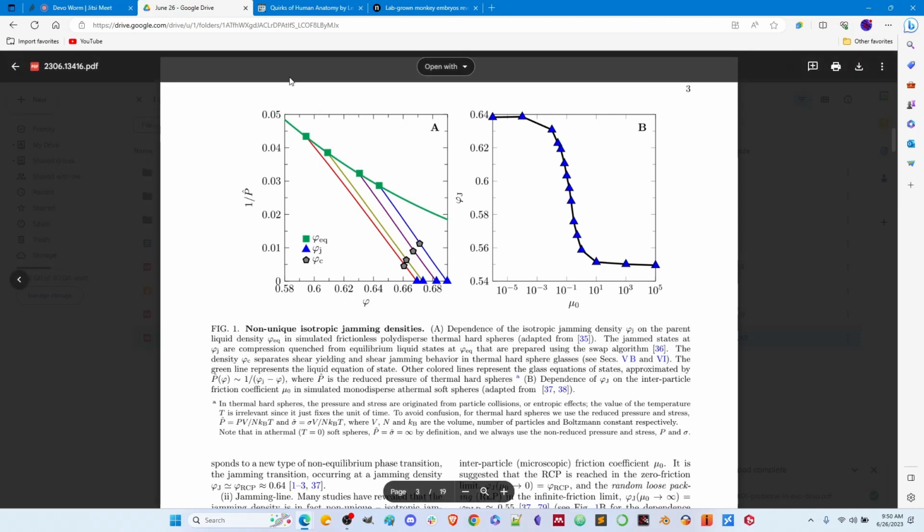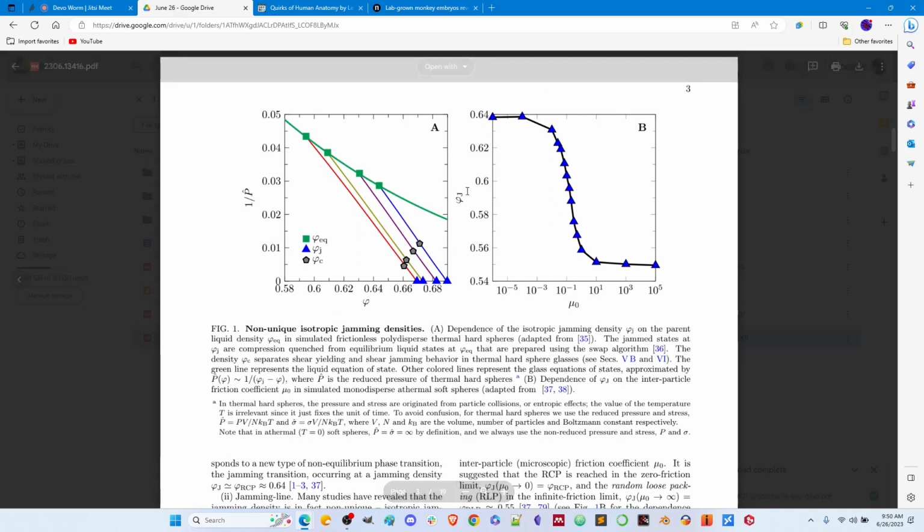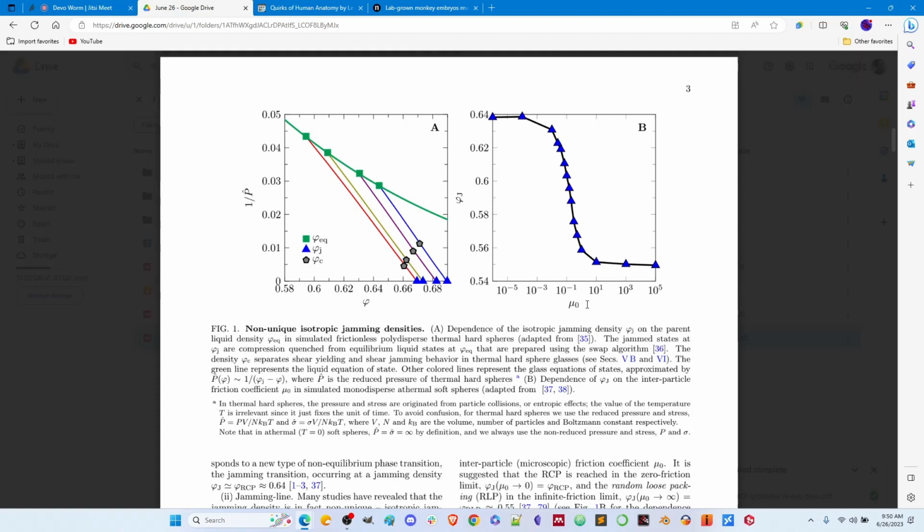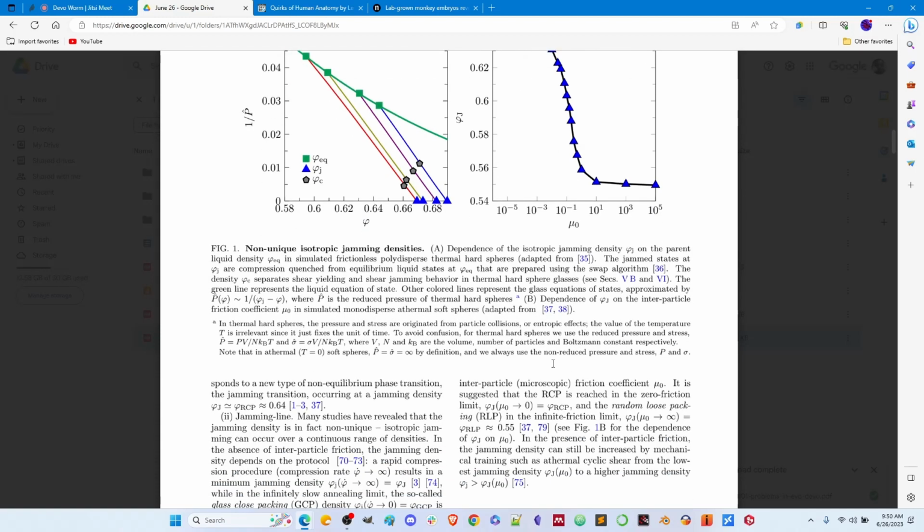And they show this for 3 different values, EQ, J, and C. Then you look at the dependence of this on the interparticle friction coefficient. Oh, I'm sorry, this J is for this graph. So this axis actually shows the dependence of this on this. So it's a different way of looking at it.